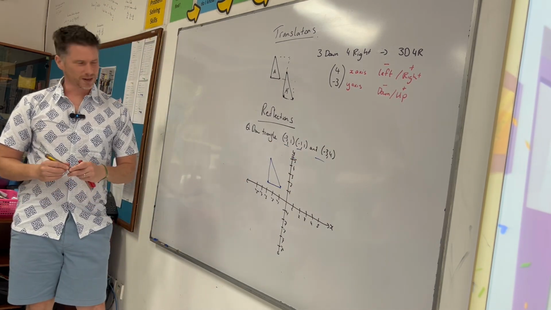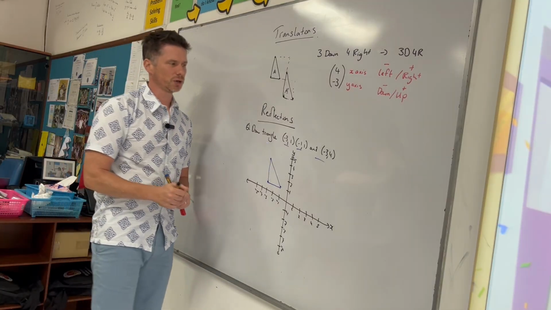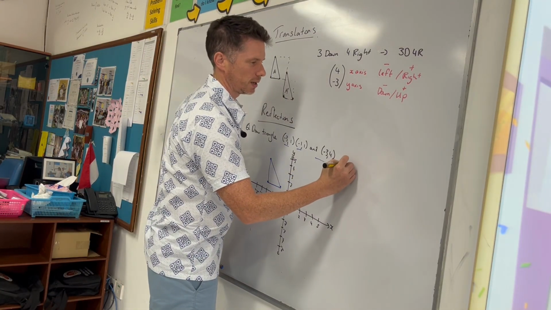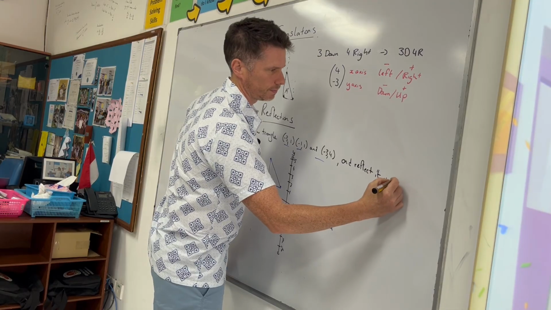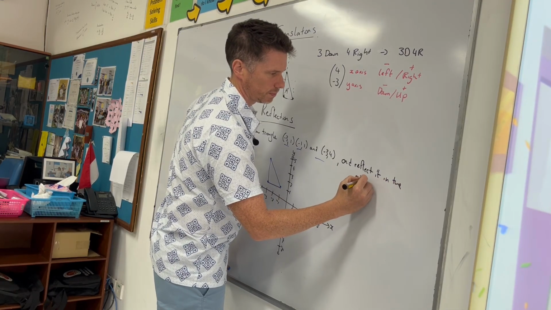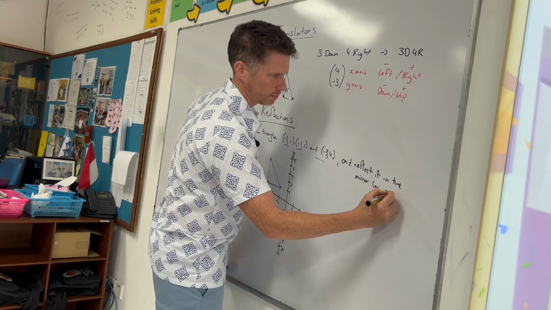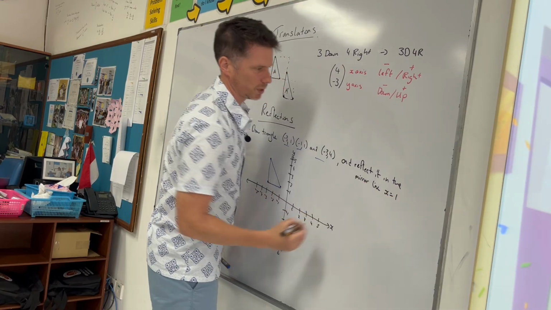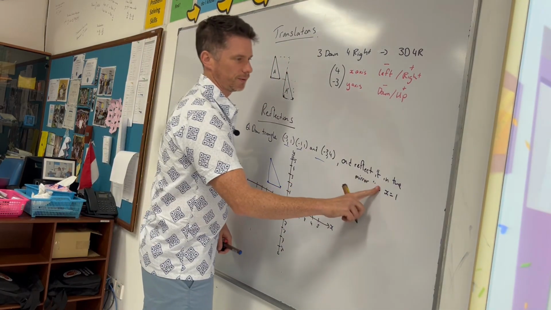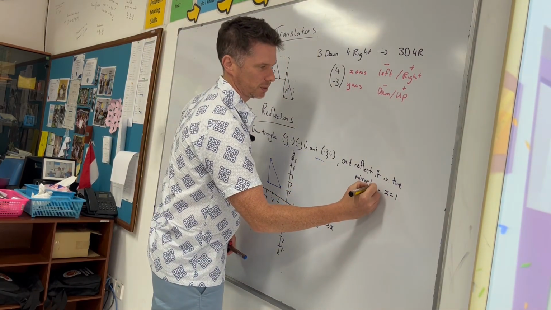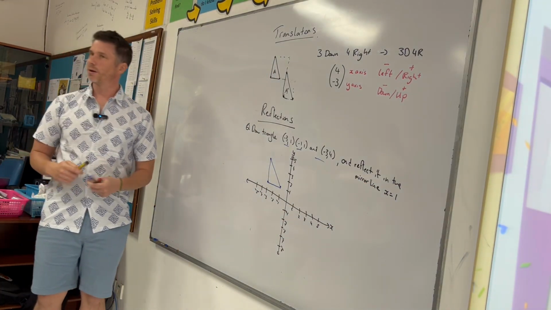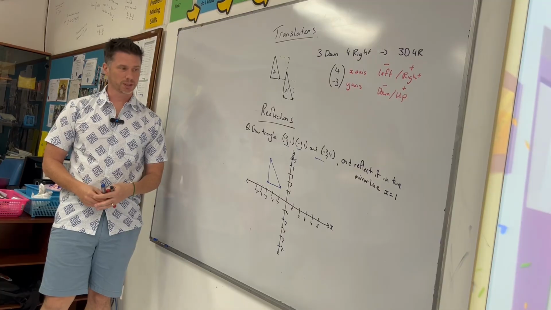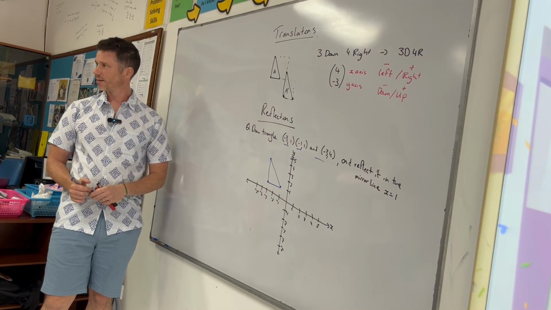I'm going to ask to reflect this. Draw a triangle and reflect it in the mirror line x equal 1. So now I need to draw the mirror in a very specific point, this line.